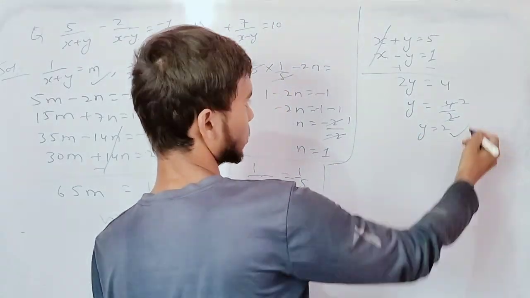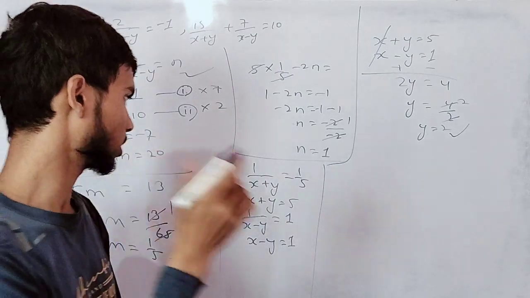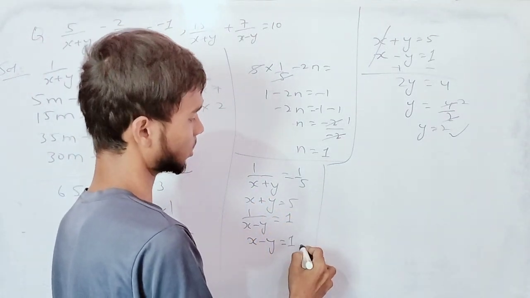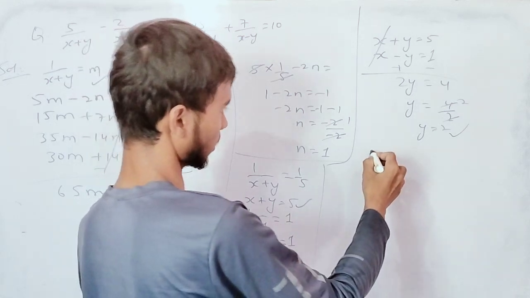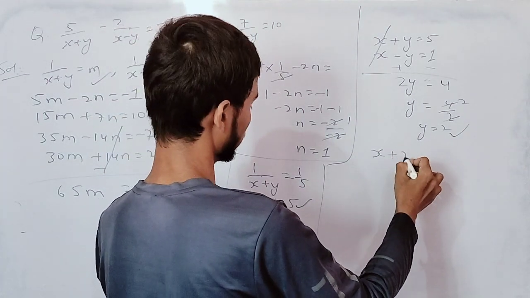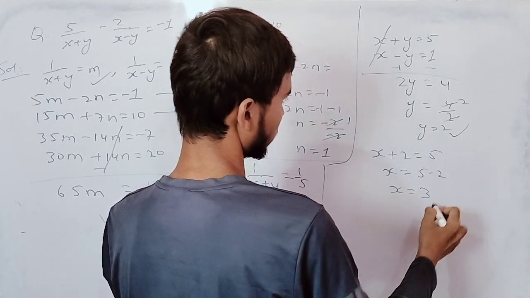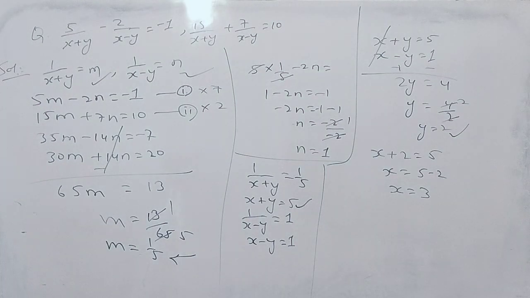Now we will substitute the value of y in any equation: x plus 2 is equal to 5. So x came as 3. Clear? So y came as 2, x came as 3.